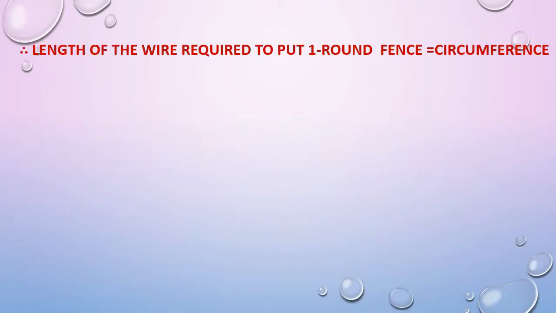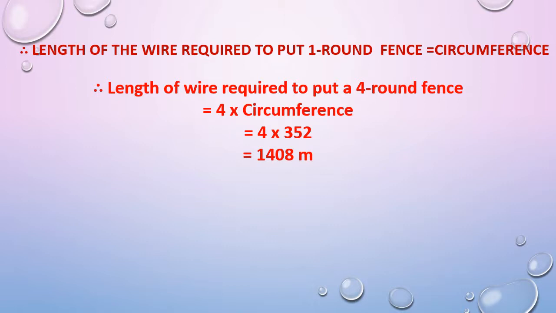Length of the wire required to put 1 round fence is equal to circumference. So the length of wire required to put a 4-round fence is equal to 4 into circumference. So 4 multiplied by 352 is equal to 1408 meter.